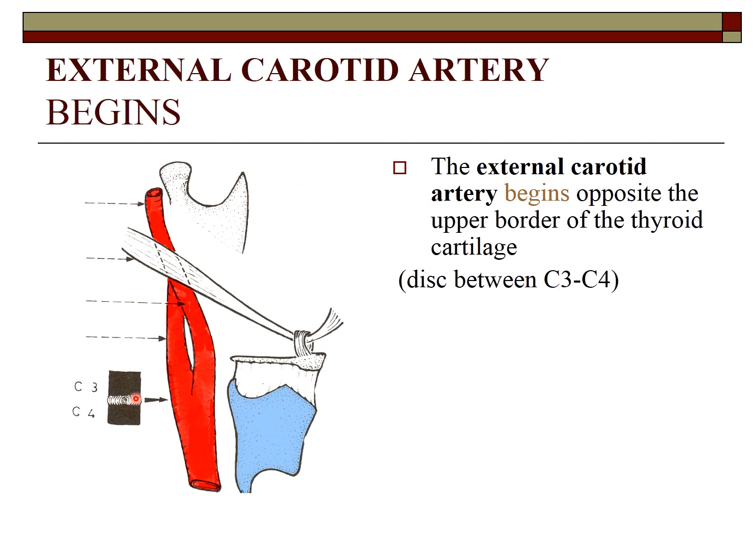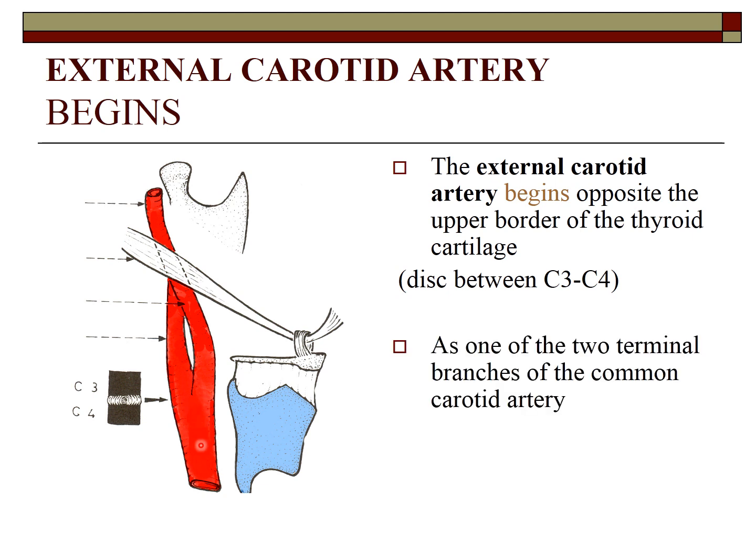As one of the two terminal branches of the common carotid artery. This is the beginning of the external carotid artery. Where does it end? It ends here, behind the neck of the mandible.